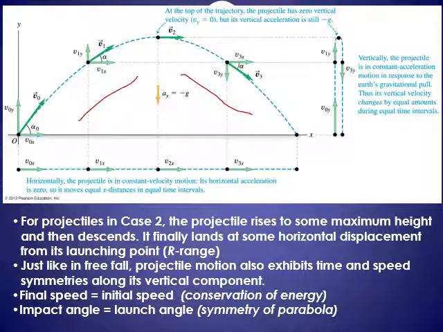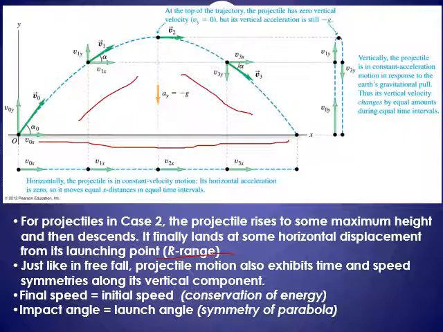Expect that the time for the upward trip is also equal to the time of the downward trip. And yung horizontal displacement na matatravel ng isang projectile, we now usually denote that with the term range, okay, represented by capital letter R.